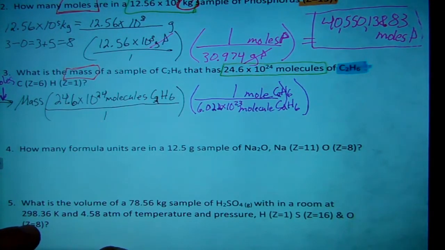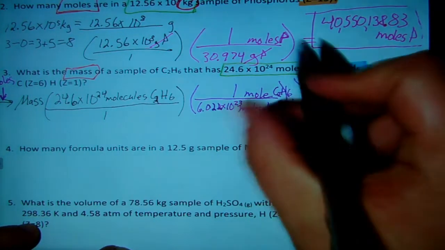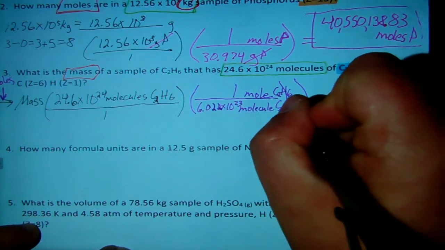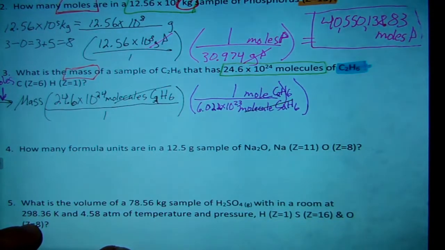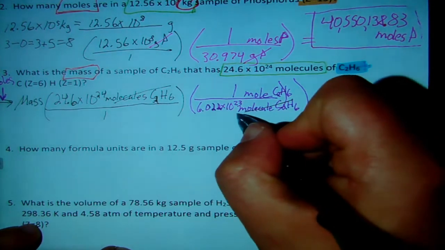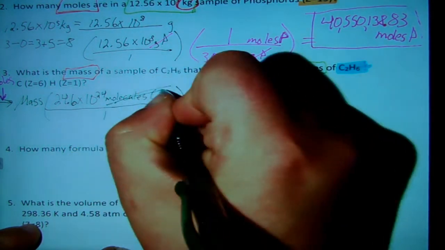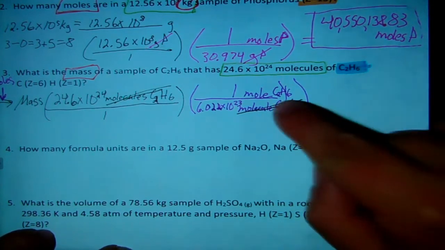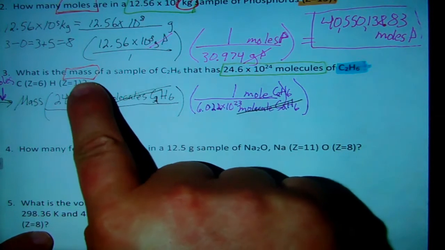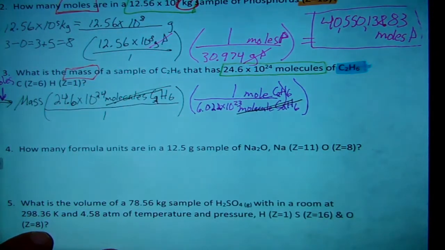Now in this, you're absolutely right in the thought process that molecules of C2H6 cancel out. I'll just mark through it again because it didn't really mark very well. Now in this, I'm not finished. I'm in moles, but I asked for mass. You have to get me to mass.